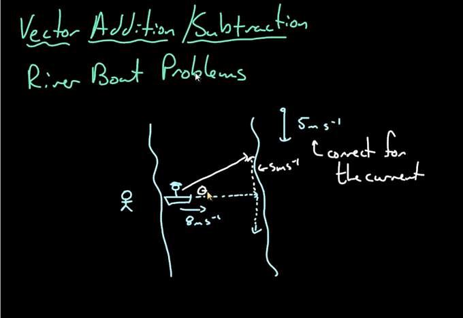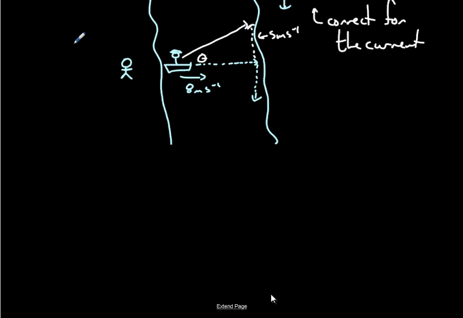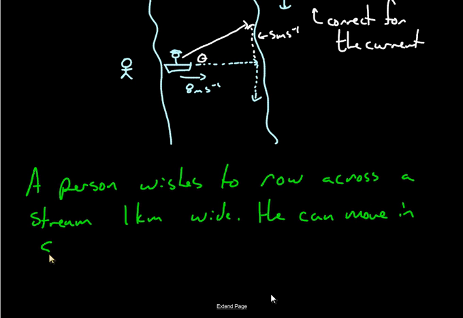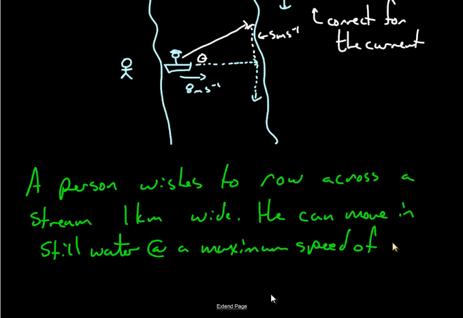So in this type of problem, and I'll write a problem here real quick, that you would get would be something like this. A person wishes to row across a stream one kilometer wide. He can move in still water at a maximum speed of 8 meters per second.